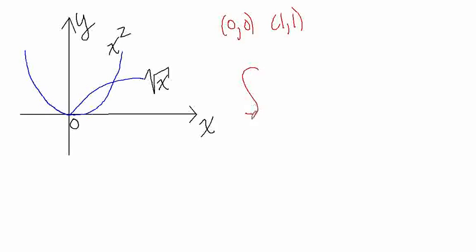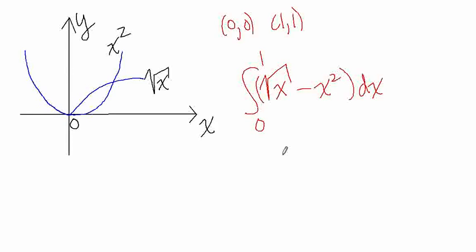So we're going to want to integrate from 0 to 1, and we will put the square root of x first because it's the one on top. The graph defines the top of the region, minus x squared. Okay, so there we go.